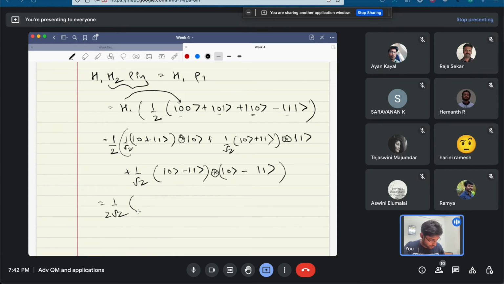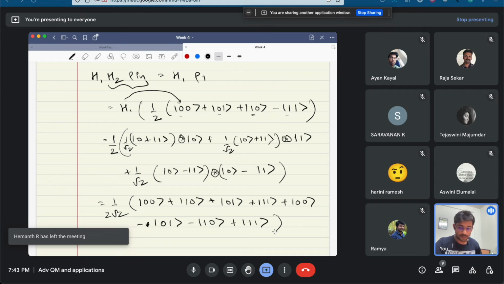Now again taking the root 2's out, you have 1 by 2 root 2. There are a large number of states now, so you have 0 0, you can actually add them up later, 0 1, 1 1, plus 0 0, minus 0 1, 1 0, plus 1 1.